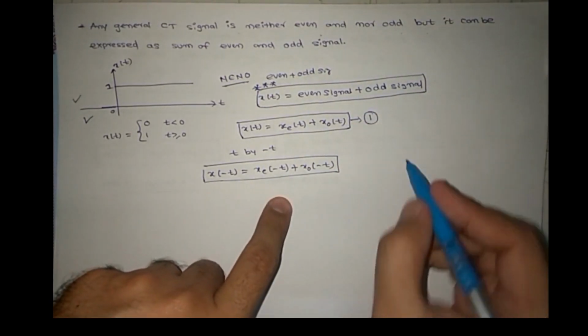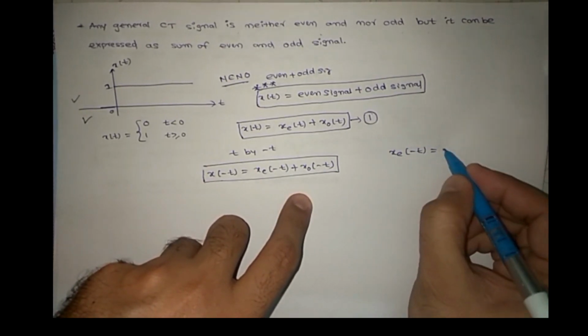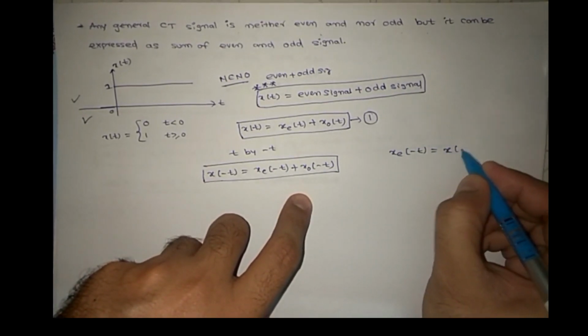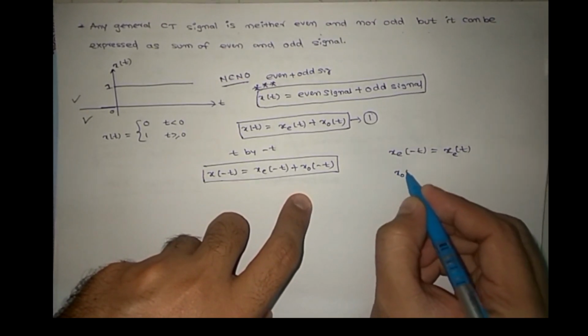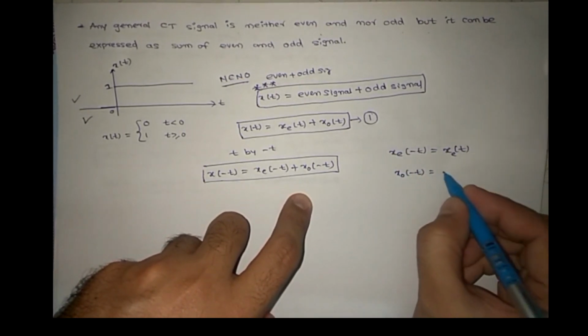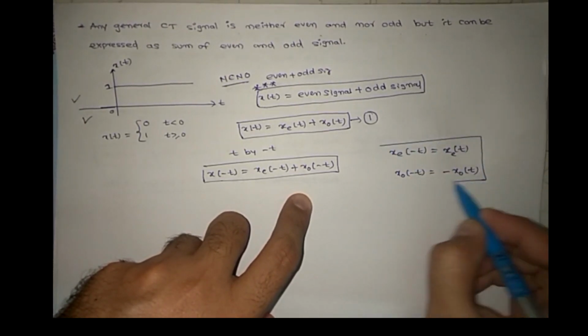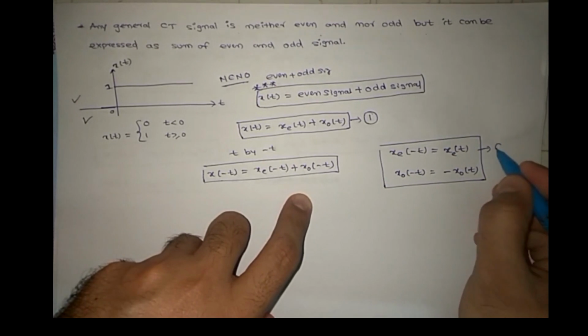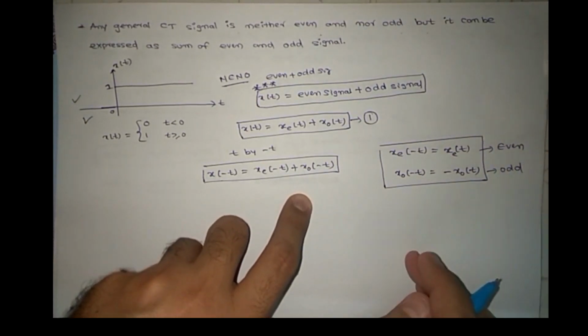So we know if it is an even signal, x of minus t is x of t only, right? For odd signals, x of minus t is minus x of t, right? So these two conditions we know. This is the even signal condition, this is the odd signal condition, right?